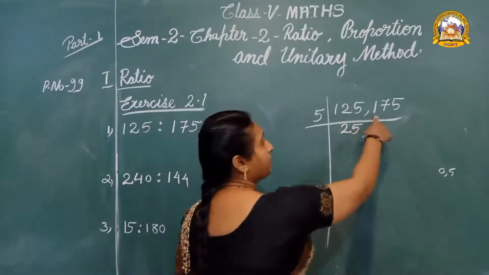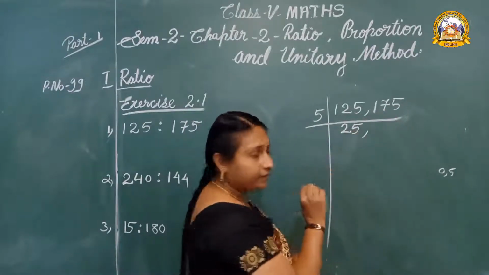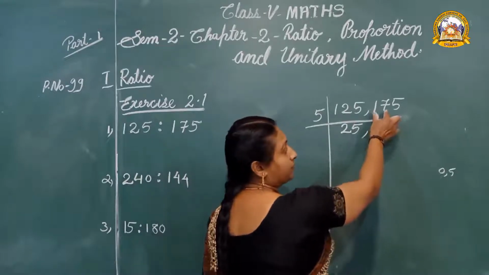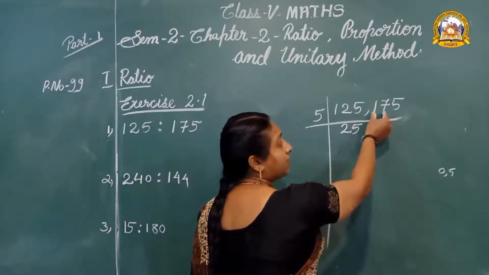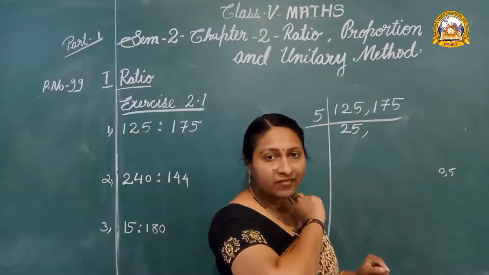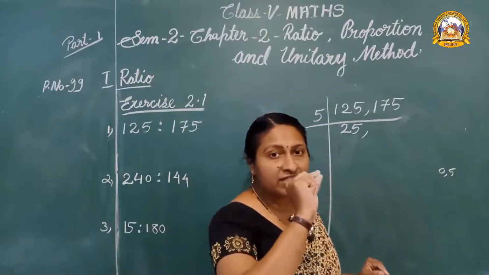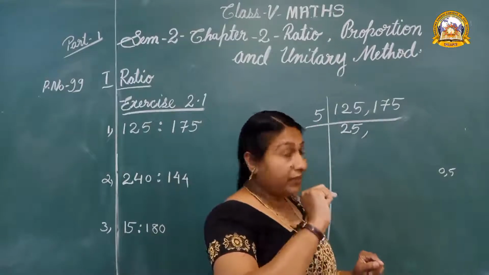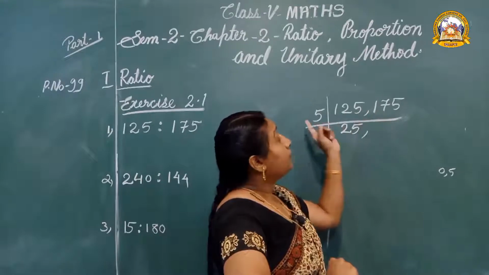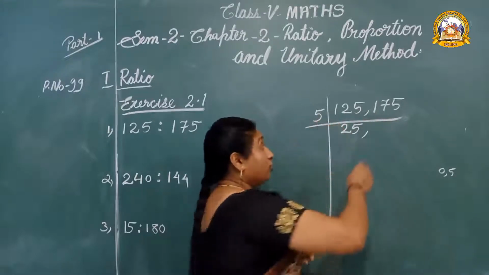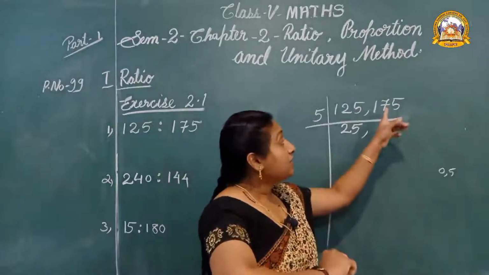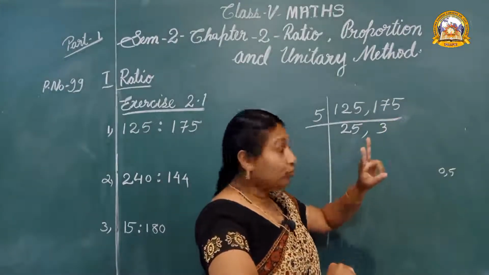Next number 175. First let us take the first two numbers. 17 divided by 5. How many 5s are there in 17? Under 17, which is the multiple? 15. So take 15. How many 5s are there in 15? 5 3s are 15. 17 minus 15? 2.